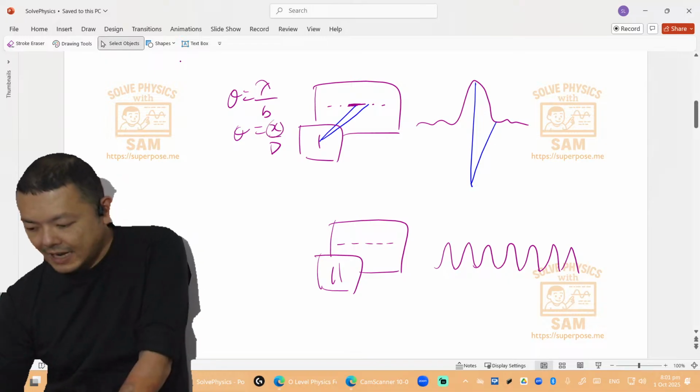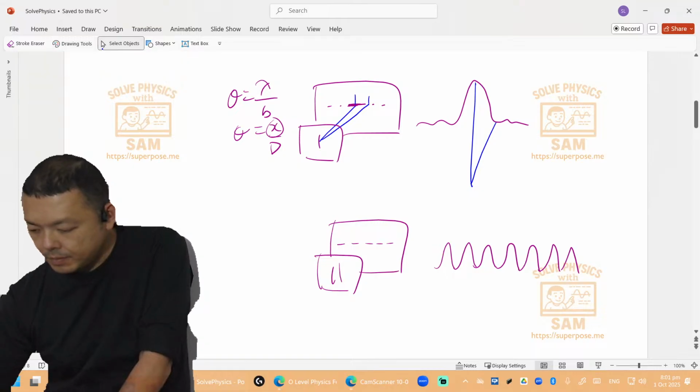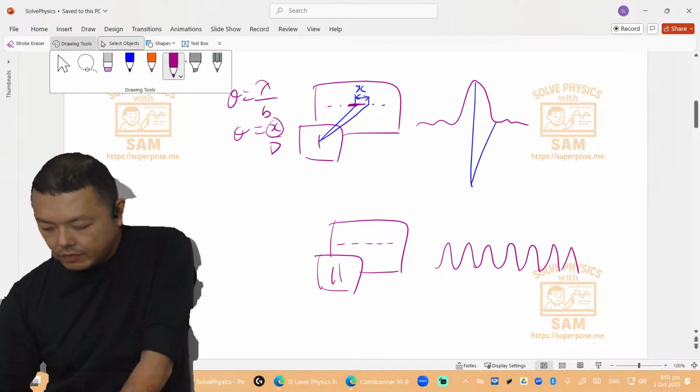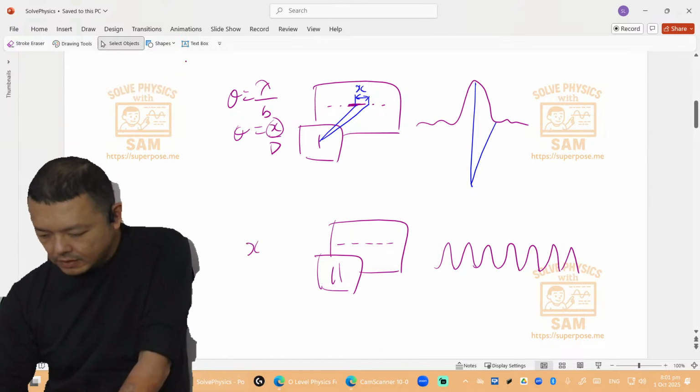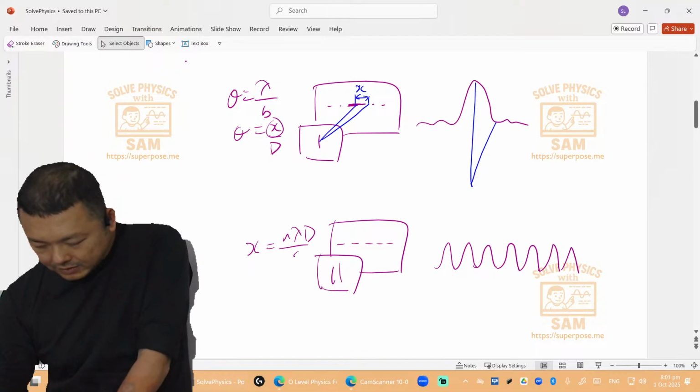Right? This x is what? From central max to first minimum, right? So that's x. But what's the equation for double slit? x equals n lambda d over a, right?